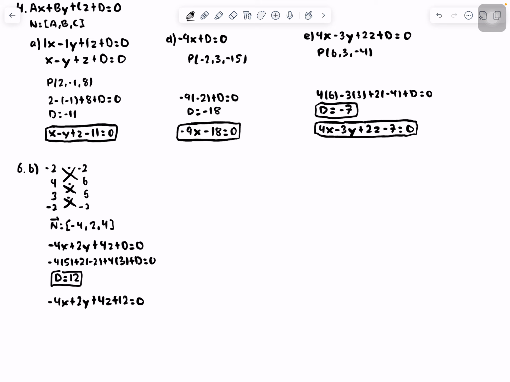Oh, well, they used a different scalar multiple of the normal vector. So my answer differs from that by that point of view. But it is still right. Like what I did is still right.